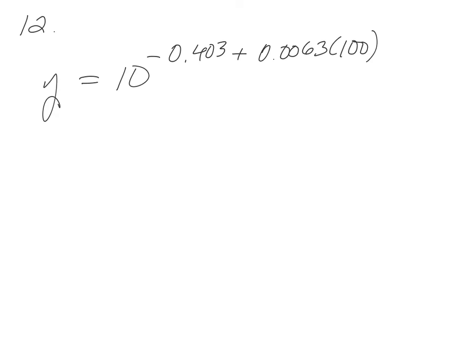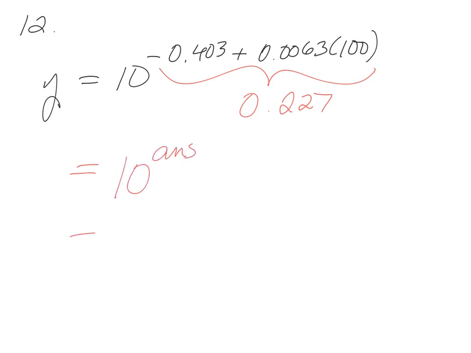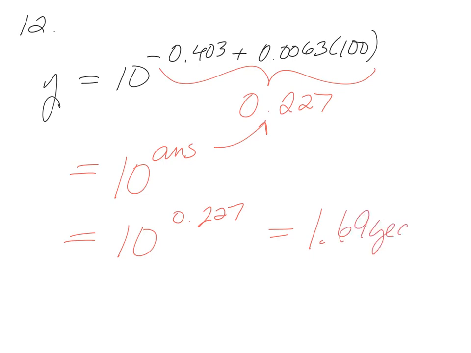The best thing to do is calculate this part first, which I got 0.227, and then in your calculator raise 10 to that answer, which gives you 1.69 years old. Cool.